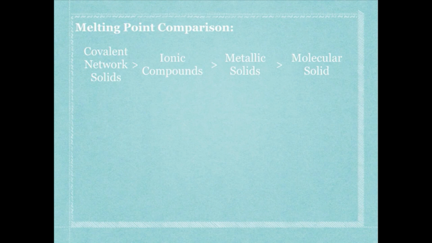Because we're talking about molecular solids, we're talking about intermolecular attractions when we're talking about their melting or boiling point. If it's polar, it's either going to have dipole-dipole forces or hydrogen bonding, so it is going to have a higher melting point or boiling point than a nonpolar molecule, which would only have London dispersion forces in general. Obviously, there are some exceptions.